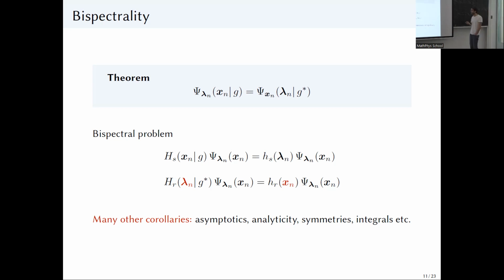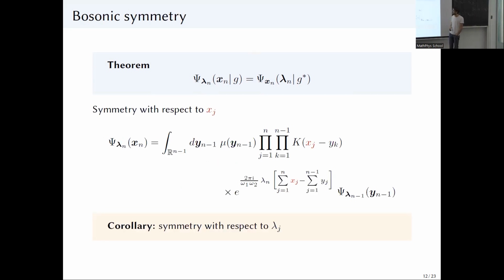So you may imagine a lot of other properties of this eigenfunction, which can have corollaries due to this symmetry. One simple property is that, again, this is just the integral representation written a bit more explicitly. And in this integral representation, as I said at the beginning, the coordinates are included symmetrically. So we have bosonic particles.